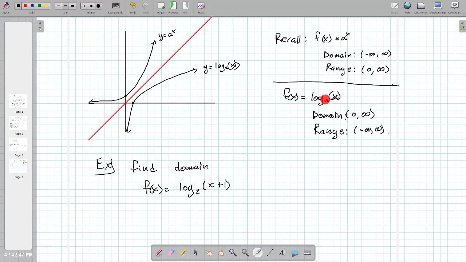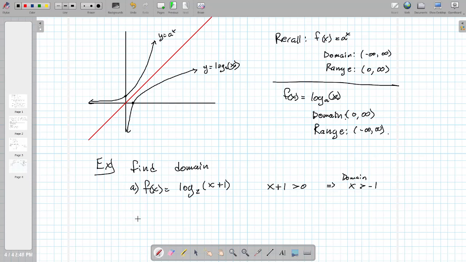The domain of log base a of x is all positive real numbers and only positive real numbers. So everything that goes in here has to be a positive real number. So we say that then that x plus 1 has to be strictly greater than 0, which means then that x is strictly greater than negative 1. So we end up with this. This would be our domain.